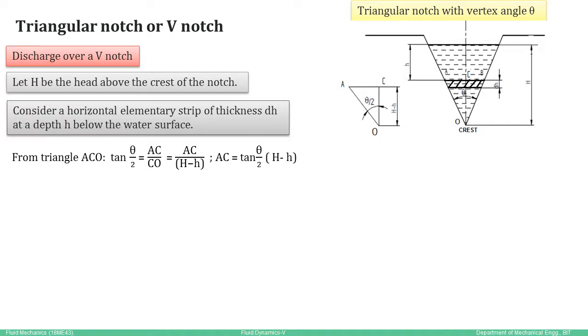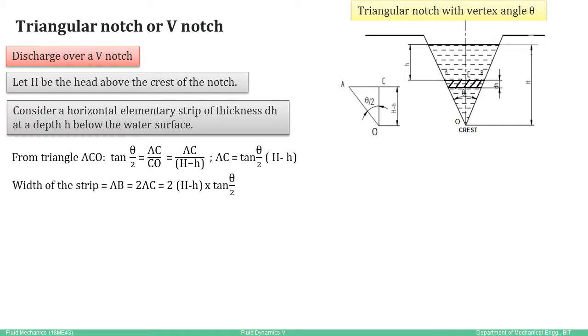So AC by CO is tan theta by 2, where CO is capital H minus small h. So we can write AC, which is half the width of the strip at that height, as tan theta by 2 multiplied by capital H minus small h.